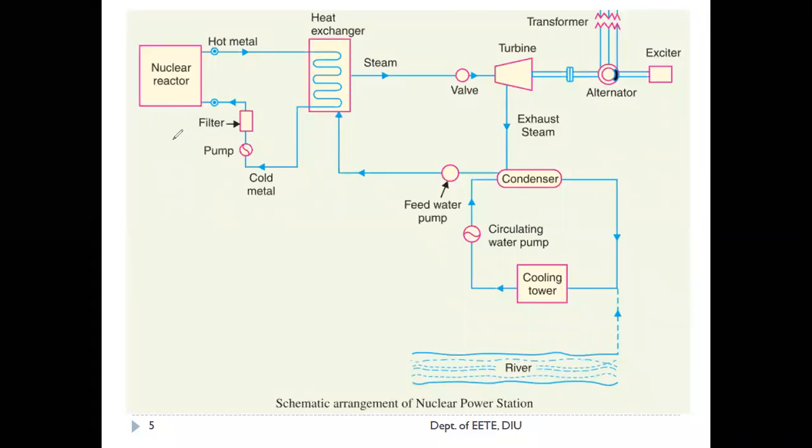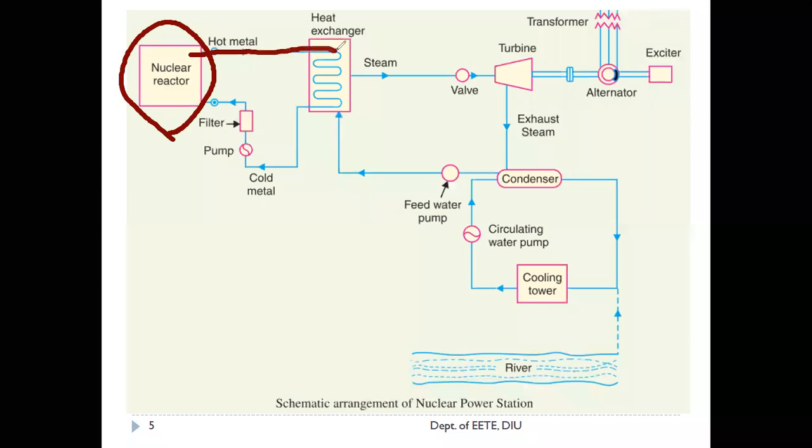So you see that this is the nuclear reactor part, where the heat is generated, and that heat is transferred using a metal. Basically, sodium has been used as a medium of movement, where the sodium absorbs the heat energy and goes through the pipe, and here the water is there, and it acts like a fire tube boiler.